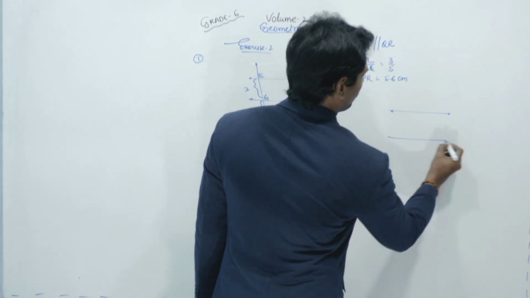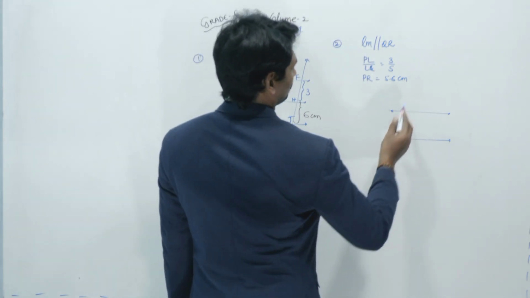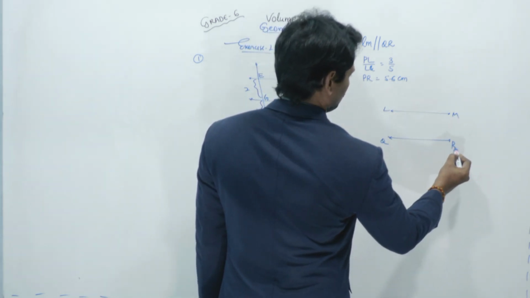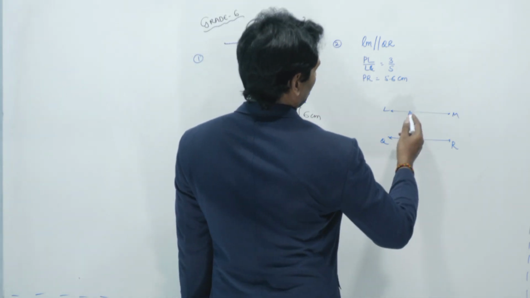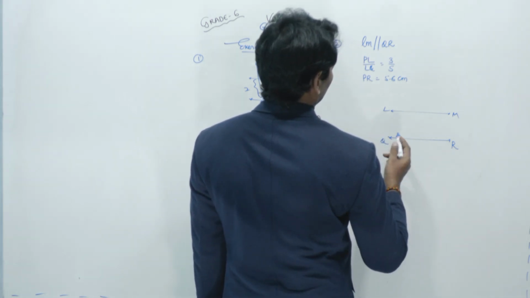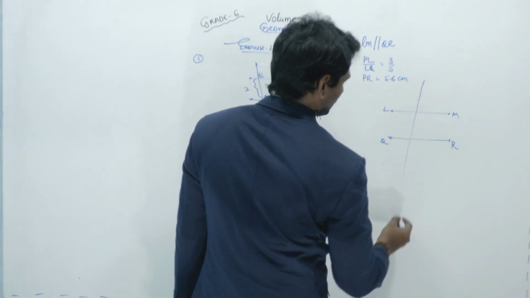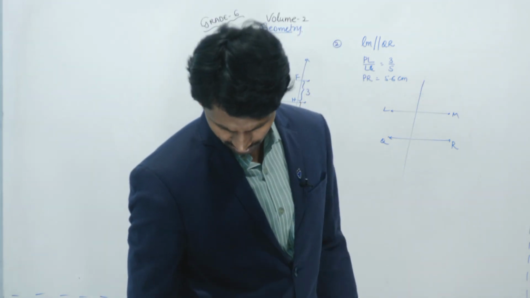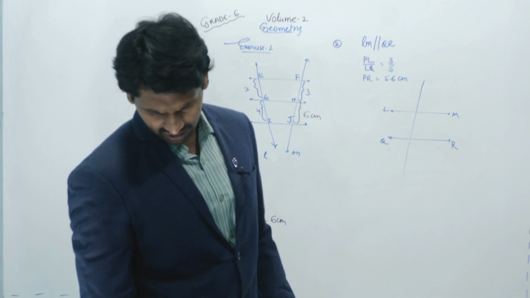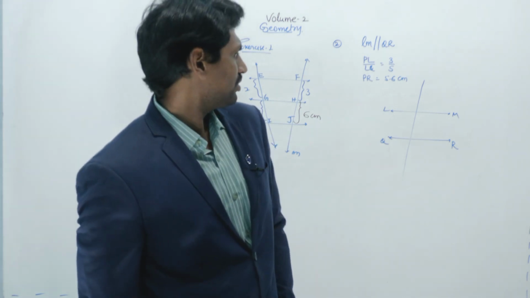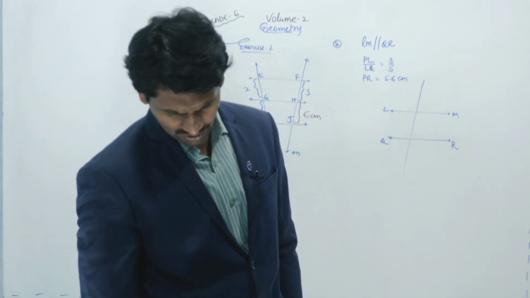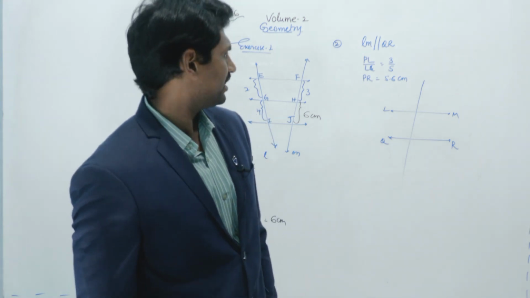LM is parallel to QR, and PL by LQ is 3 by 5. So PR value is 5.6, then we need the PM value.